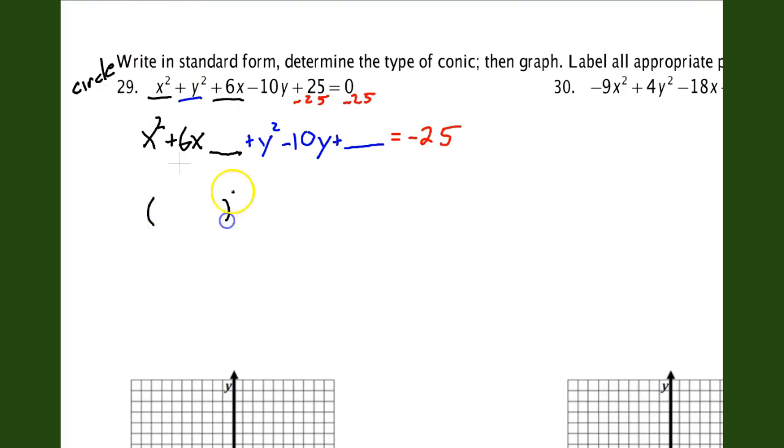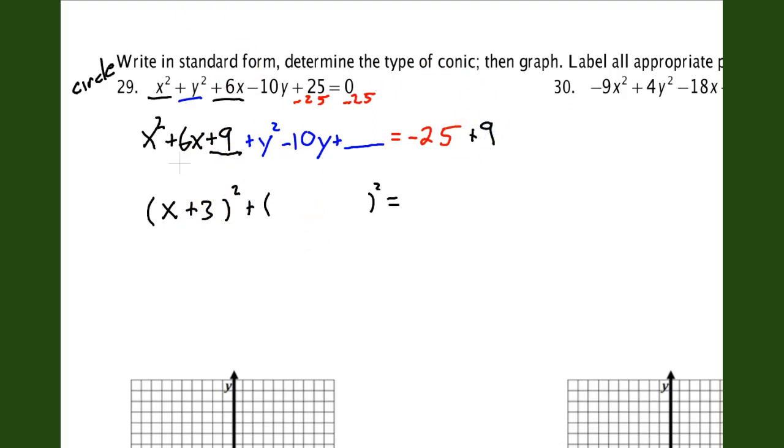Okay, and below here, I'm going to write my circle format. Get everything ready. So first, to complete this square, I'm going to have x, and then divide this by 2. It gives us 3. Square this, 3 squared is 9. So I'll have to add 9 here and 9 on this side as well.